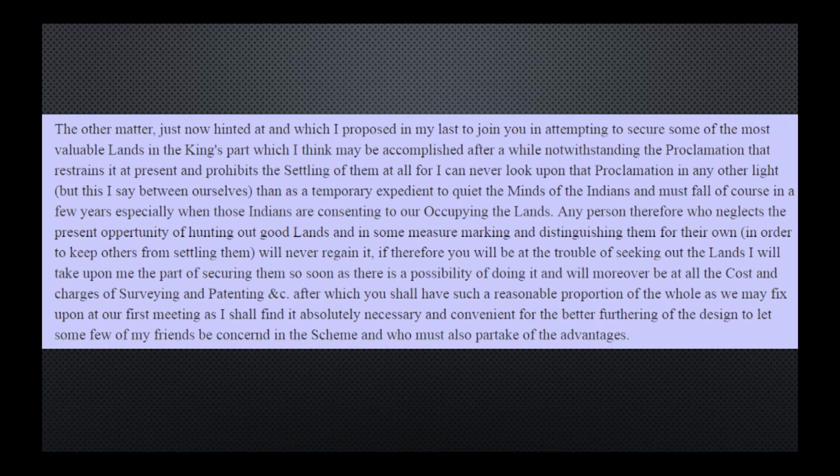After which you shall have such a reasonable proportion of the whole as we may fix upon at our first meeting, as I shall find it absolutely necessary and convenient for the better furthering of the design to let some few of my friends be concerned in this scheme, and who must also partake of the advantages.